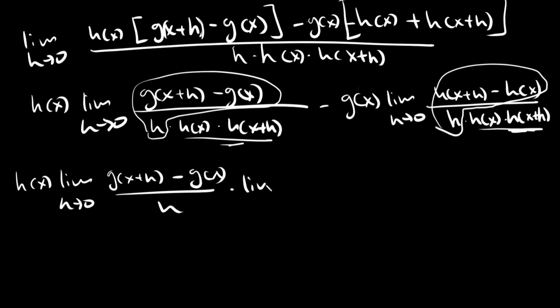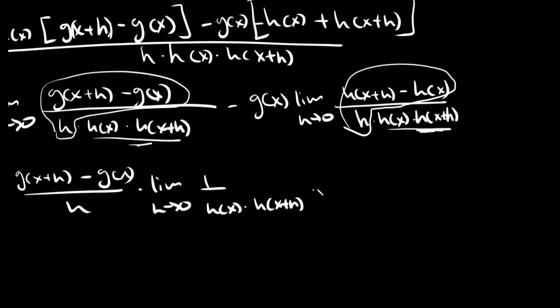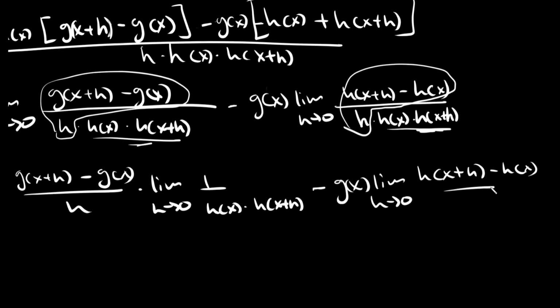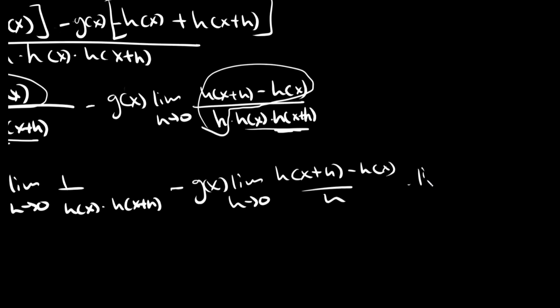Divided by h times limit as h goes to 0, same thing right here. So this is going to be h of x times h of x plus h. Oof, this is going to take a long space. Minus g of x times limit h of x times limit h goes to 0. My numerator, I'm just going to write this quickly, and do my limit again.